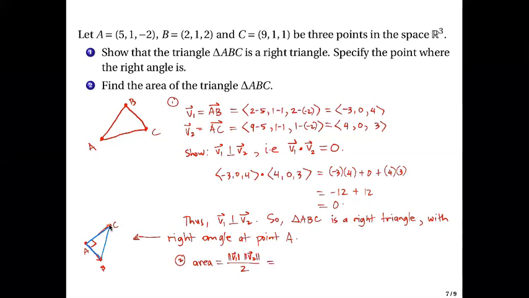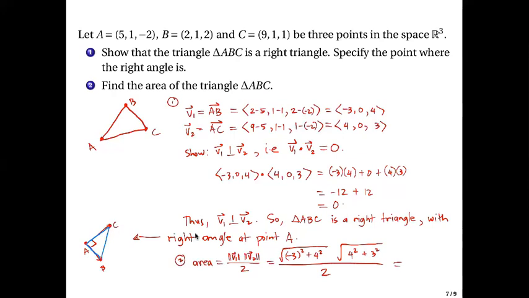But you see, norm of v1, that's just what? Negative 3 squared plus 4 squared. You take the square root of this. And then for the norm of v2, you have 4 squared plus 3 squared. You take the square root of that, and then you divide this by 2.